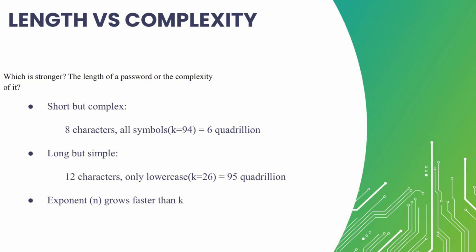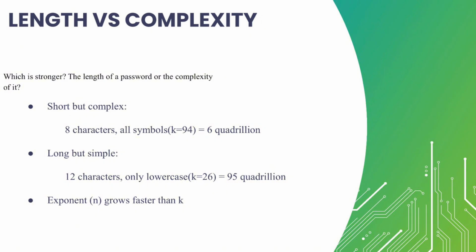So, which is stronger? The length of a password or the complexity of it? A short password using all types of characters or a long password using only one type of character? Well, if you look at an 8-character password that uses all types of characters, it has a k of 94, and it gives about 6 quadrillion possible combinations.